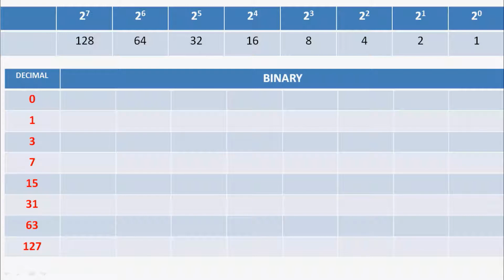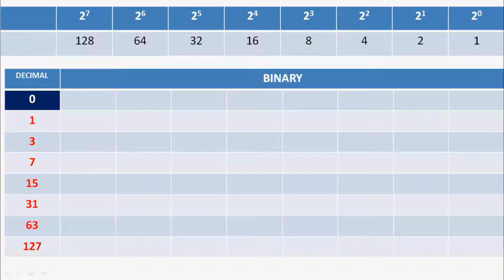You can see in the above table 1, 2, 4, 8, 16 etc., and the given decimal numbers are 1 less than these: 0 is 1 less than 1, the number 1 is 1 less than 2, 3 is 1 less than 4, and finally 127 is 1 less than 128. Very easily we can convert these decimal numbers to binary.